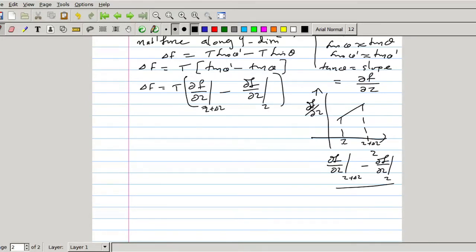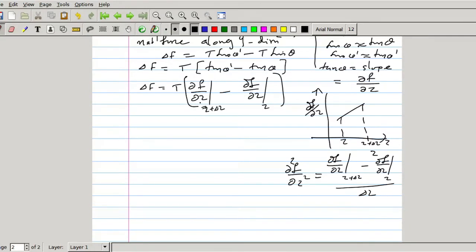So z plus delta z minus z is delta z. That will be the change of this quantity along y direction with respect to the quantity along z direction. So this quantity is dou f by dou z. So this represents the change of dou f by dou z with respect to z. Change of dou f by dou z with respect to z is dou by dou z of dou f by dou z. That will be dou square f by dou z square. So this will represent the second derivative of f with respect to z.